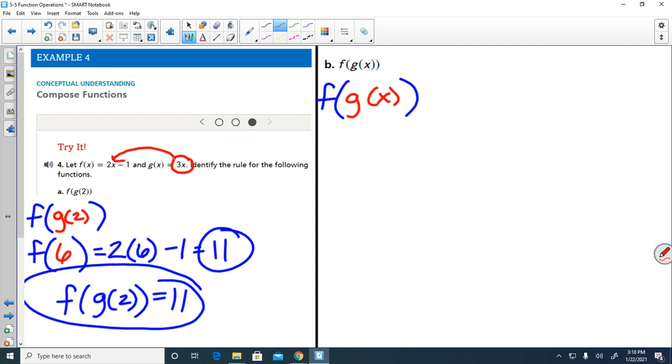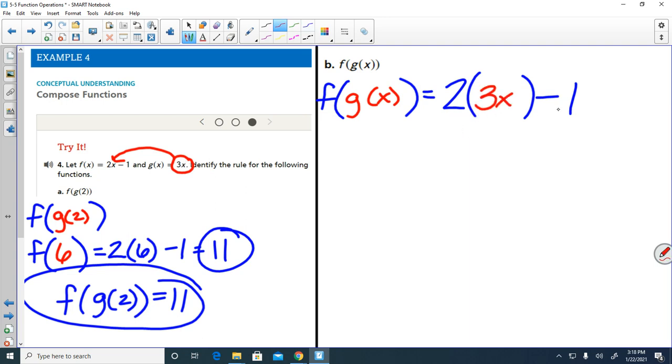So here's what I like to do. I like to write down the f function, because that's on the outside, 2x minus 1. But instead of x, I'm going to write parentheses, because I'm not putting x into f. I'm putting g in place of x. So g was 3x.